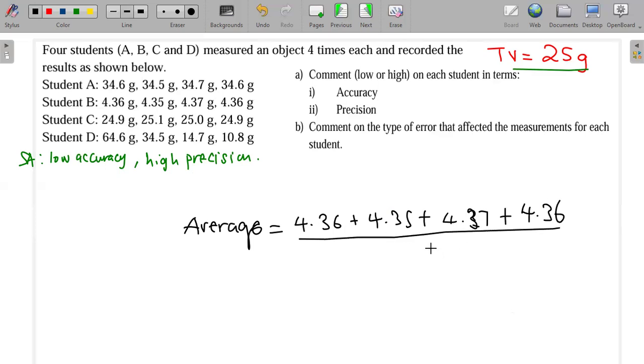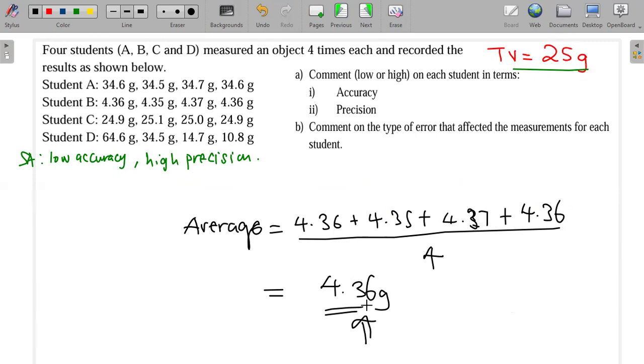If I do this and divide by 4, punching it onto the calculator, I'm finding my mean to be 4.36 grams. Now I'm comparing my mean to my true value, which is 25 grams.